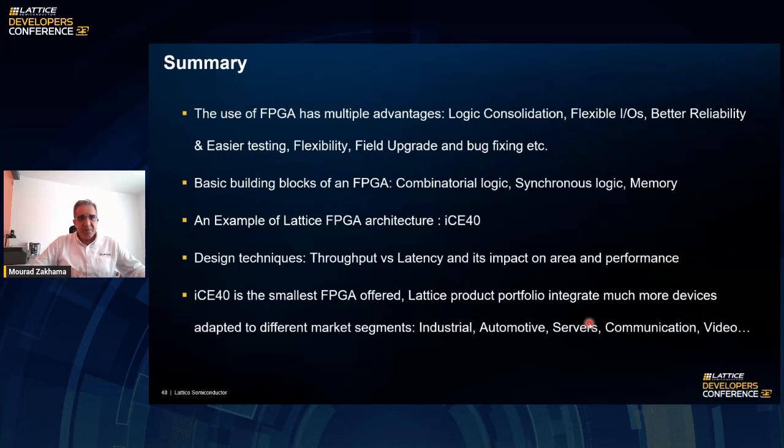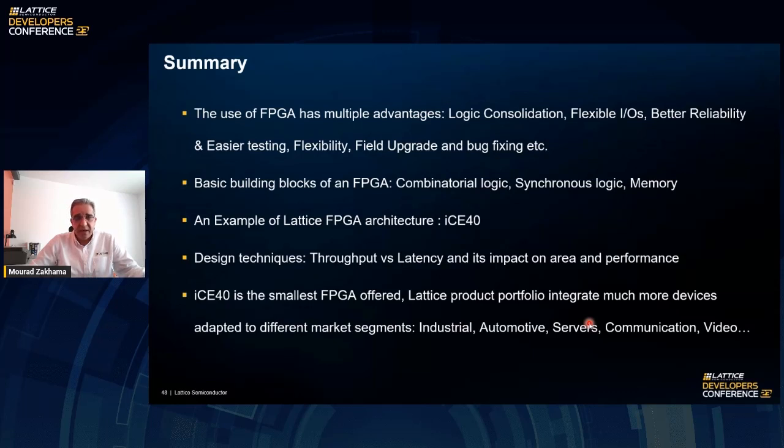That brings us to the summary. What we've seen today: the use of FPGAs has multiple advantages, obviously logic consolidation, flexible IOs, better reliability and testability, flexibility in the field, field upgradability, and bug fixing.